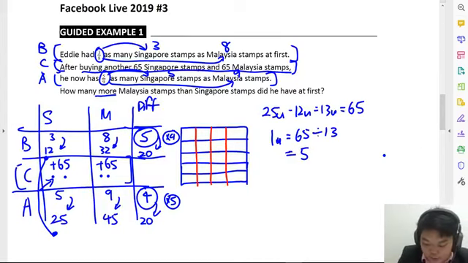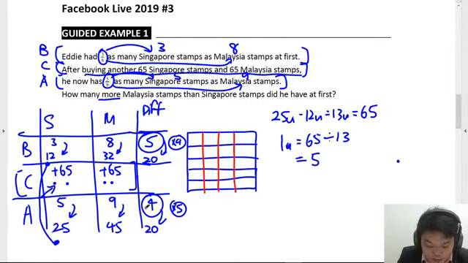So once you have done this already, you can say that how many more Malaysian stamps than Singapore stamps did he have at first. So there are a few ways that this can be done. The first way is you find out your number of Singapore stamps over here. Then you find out your Malaysian stamps over here, the actual numbers, and then you subtract.